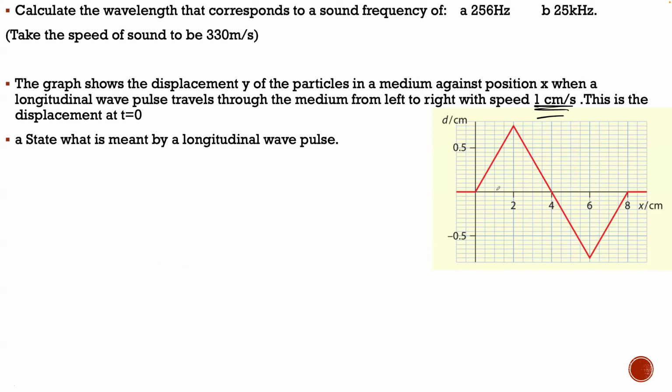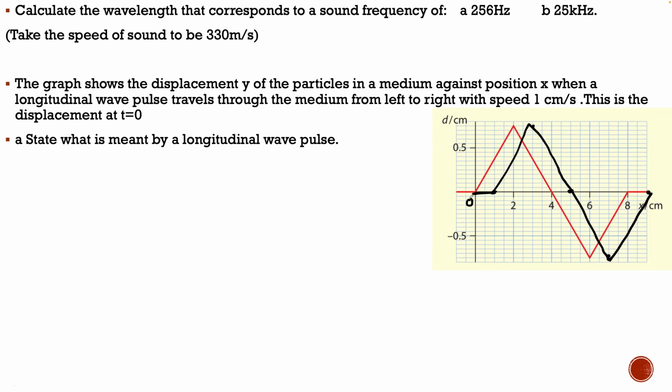That means the wave would have displaced itself by 1 centimeter. So it starts from here. The peak will end at 3. Another will go down at 5. The peak will be ending here, and another will be joining these two points. This is how my wave pulse will be.